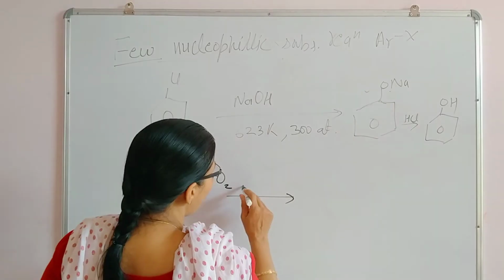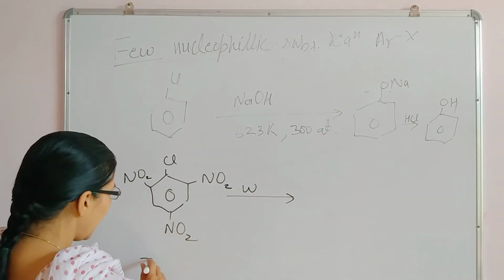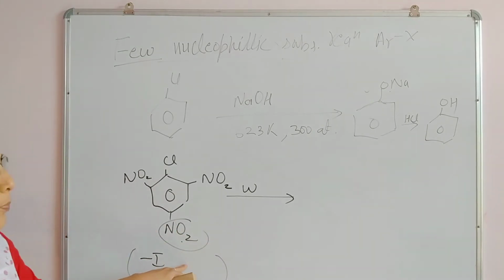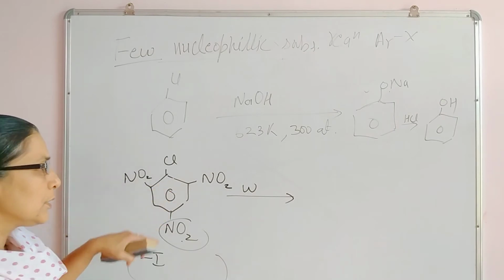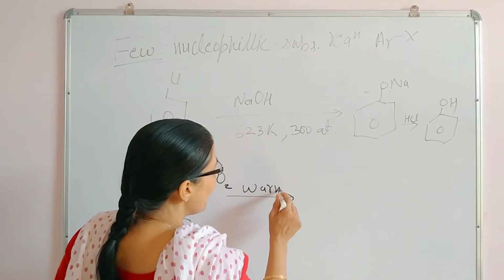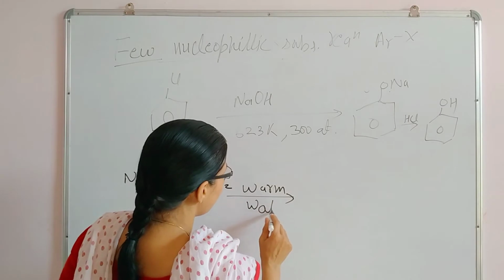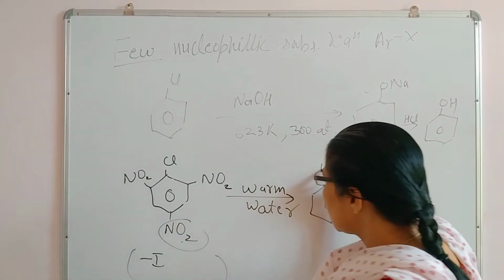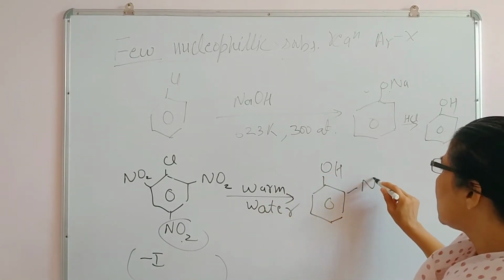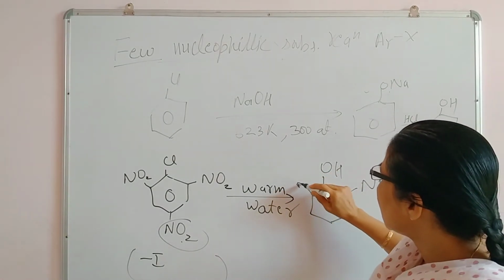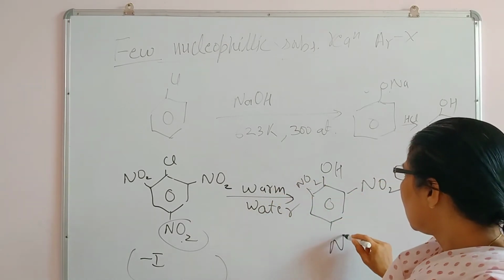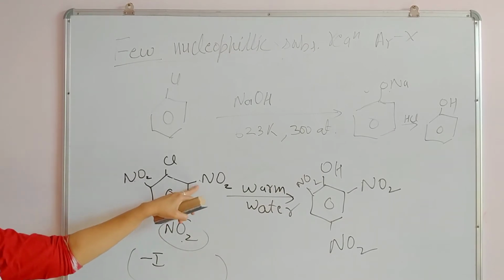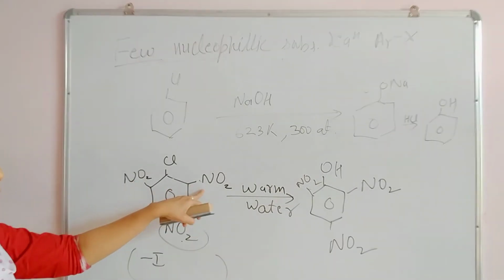And in this compound, with 3 minus I effect showing NO2 groups, they will attract the electron density and only warm water is sufficient to form the nucleophilic substitution product with OH. This is known as picric acid. So this is the effect of 3 nitro groups, especially with the position of the nitro groups taken as ortho and para.